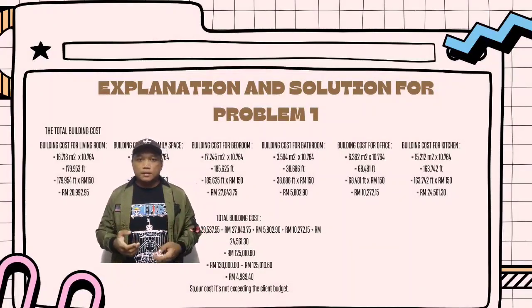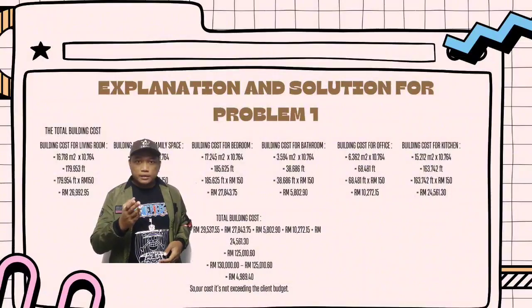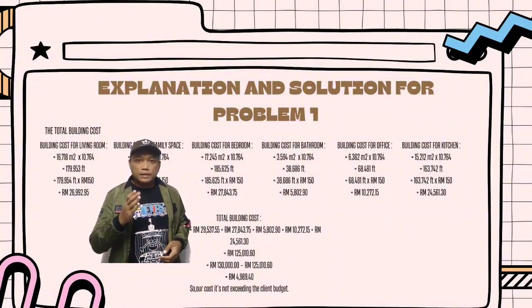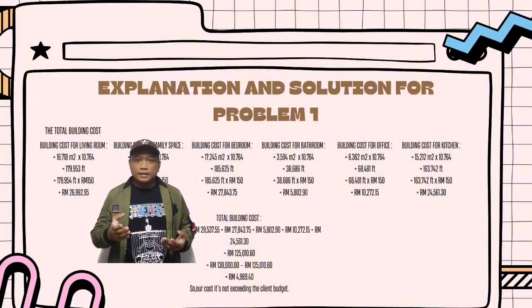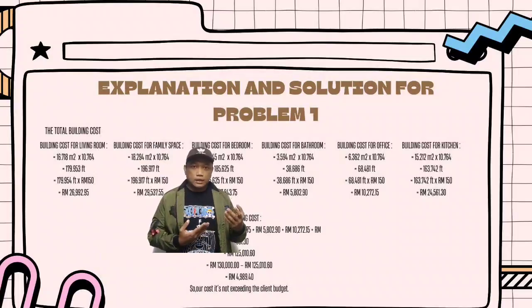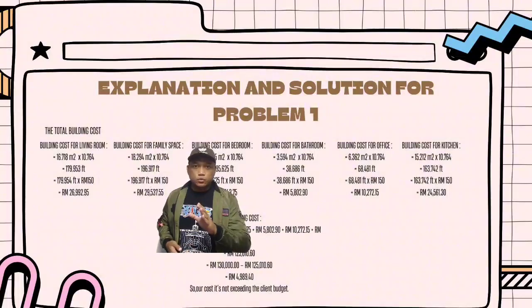For example, 179.953 square feet multiplied by 150 ringgit equal to 26,992 ringgit and 95 cents. That's the total cost for the living room. After that, we do the same calculation for each compartment. Then we will get the cost for each room.